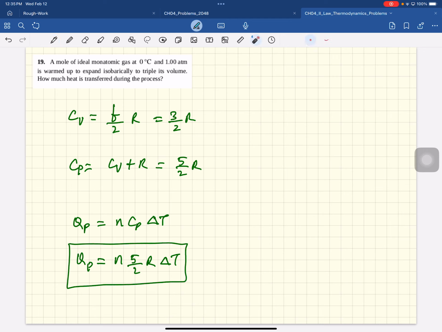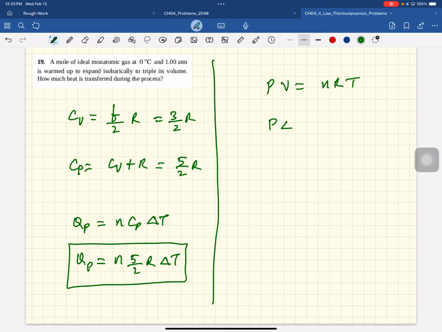All right, so it's 1 mole. And now all you have to do is figure out how much the temperature rises. From the ideal gas law, PV equals nRT. P is constant, so P times change in volume equals nR times change in temperature.